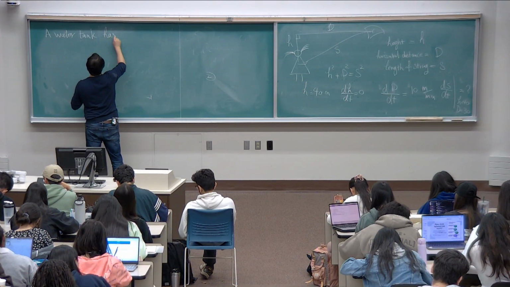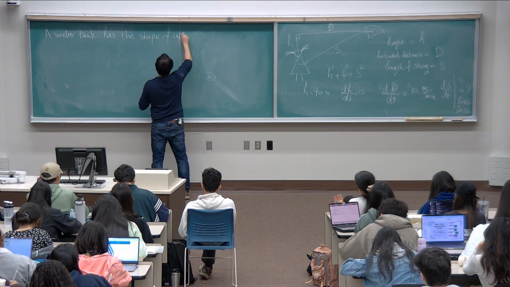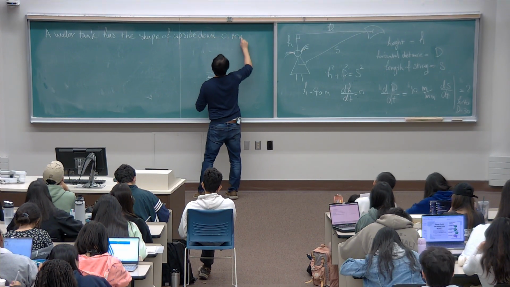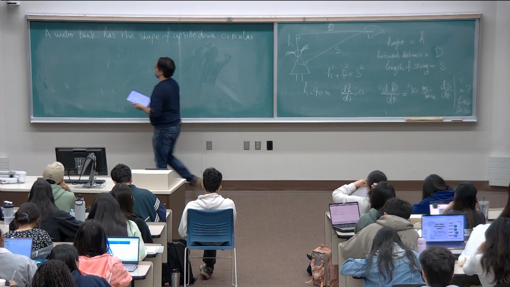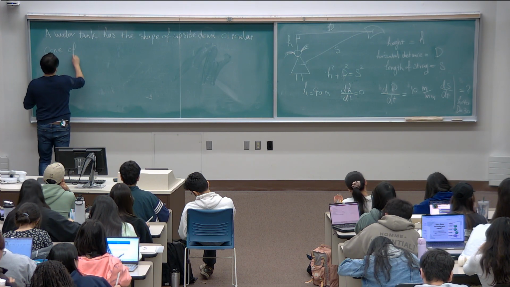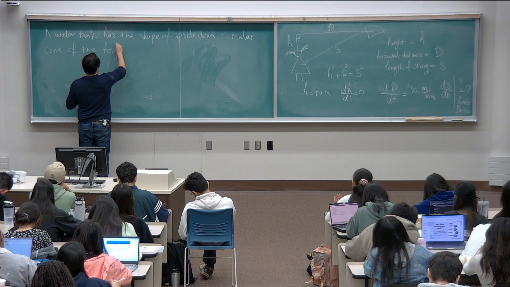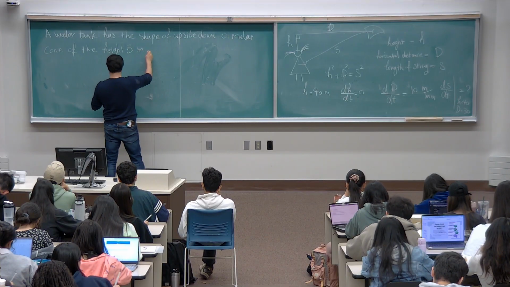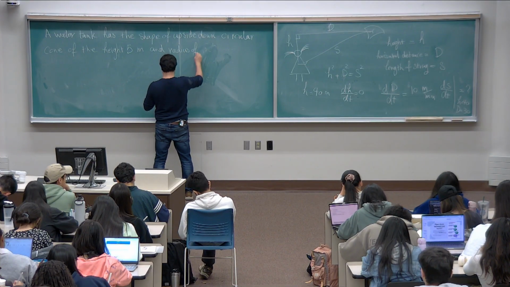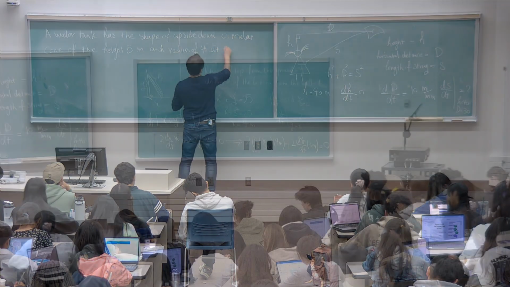It has the shape of an upside down circular cone, which has a height of 5 and a radius of 4 at the base.